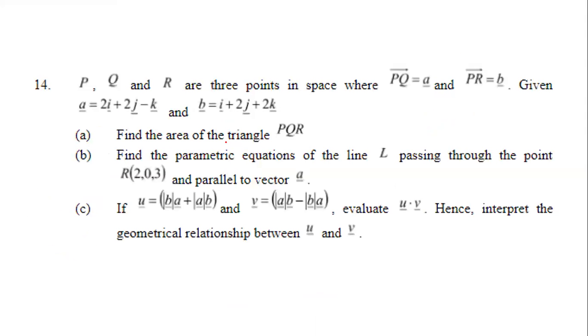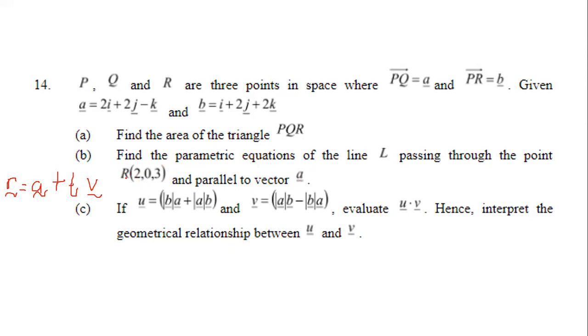Okay, then we see (b). Find the parametric equation of the line L passing through the point R(2, 0, 3) and parallel to vector A. So we want to find the parametric equation, and we must use r equals a plus tv.